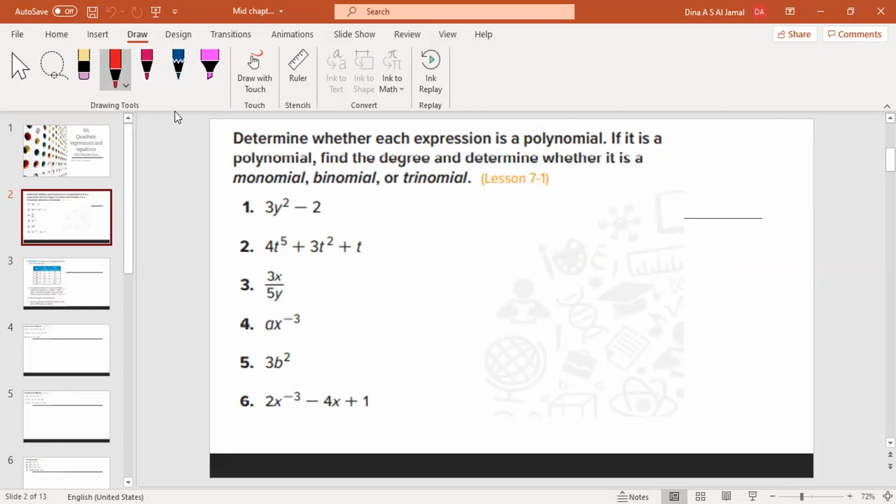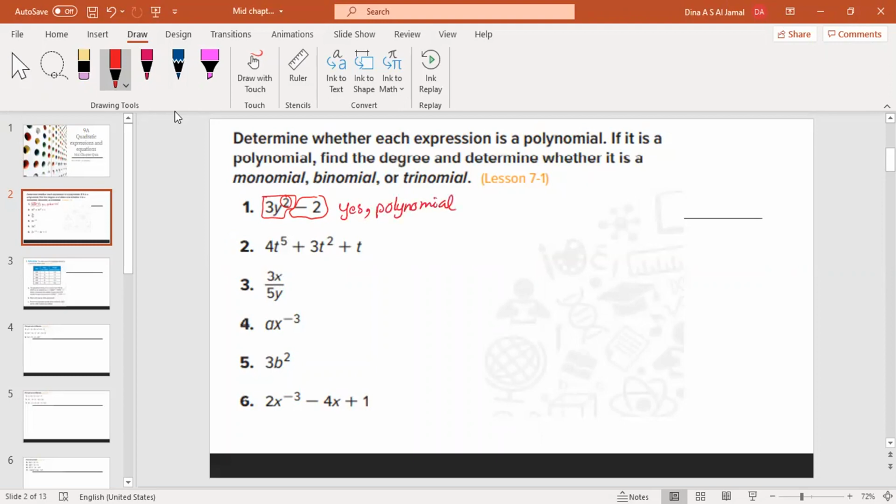So let's check. So here we are having the first term, and here the second term, and we are having a real number which is positive number, not a negative power. That means yes, it is a polynomial.